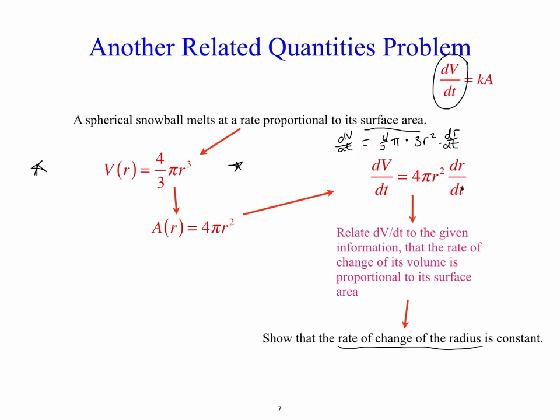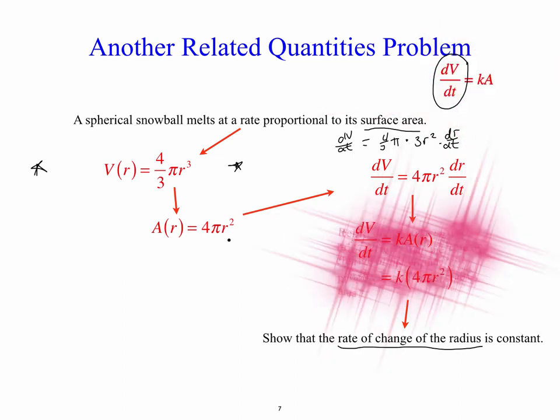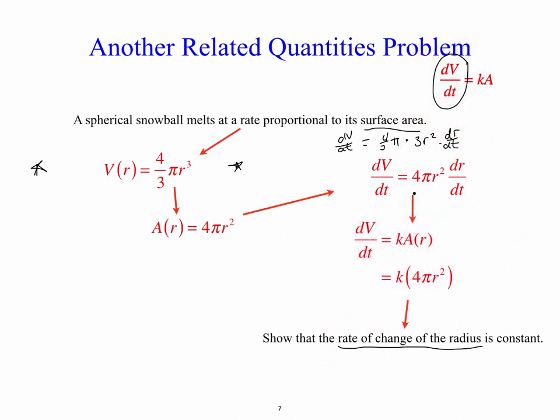But notice 4 pi r squared, we've seen that before, right? That was over here. So that means that we could say that the rate of change of volume is the area times the rate of change of the radius with respect to time.